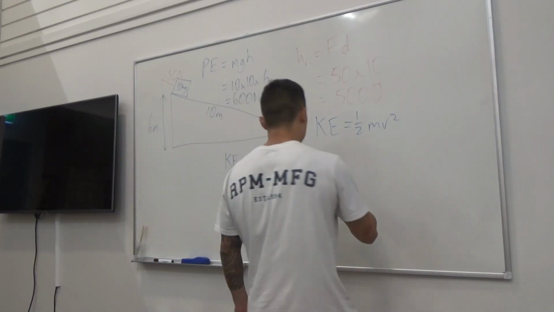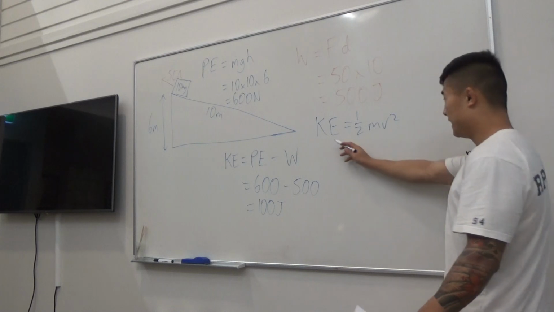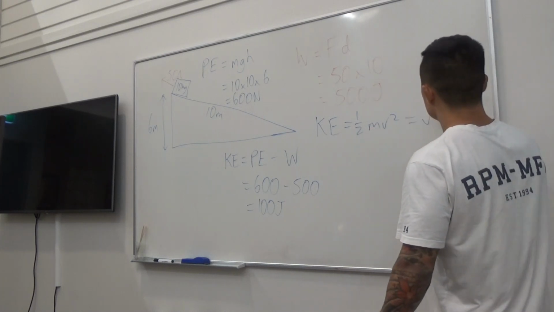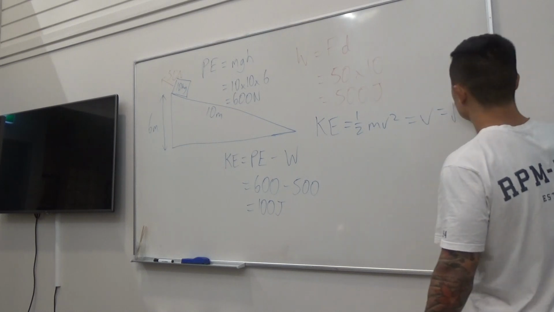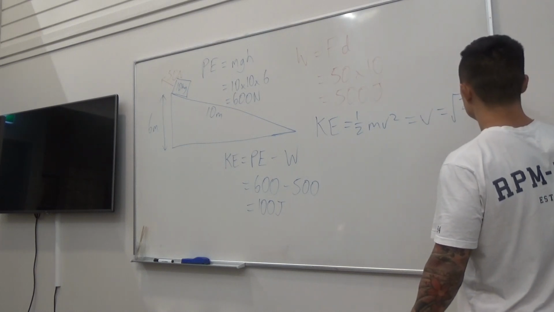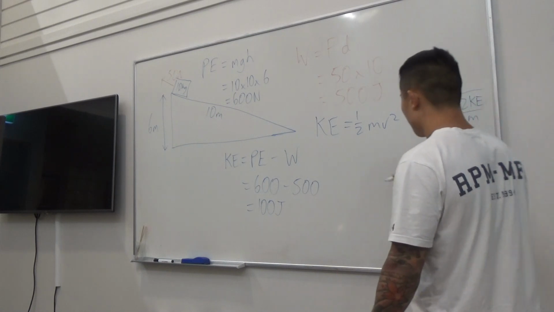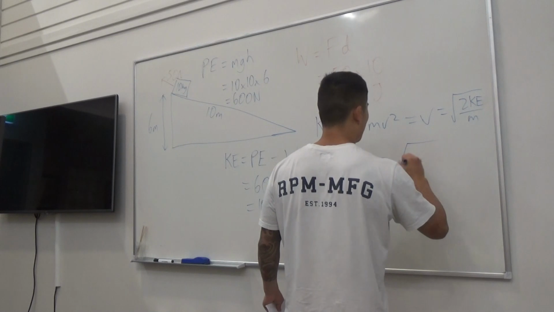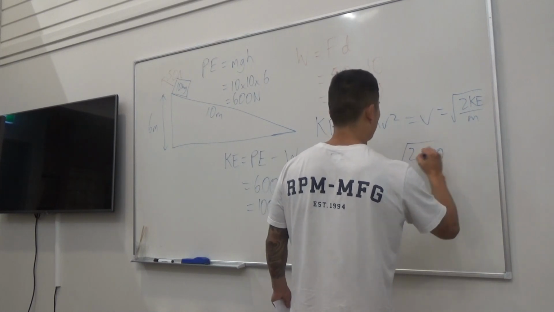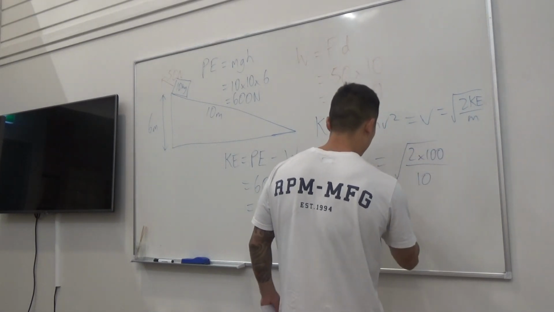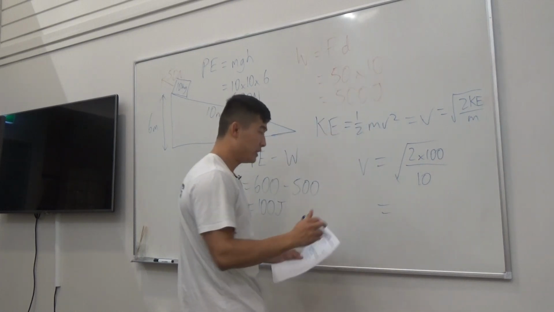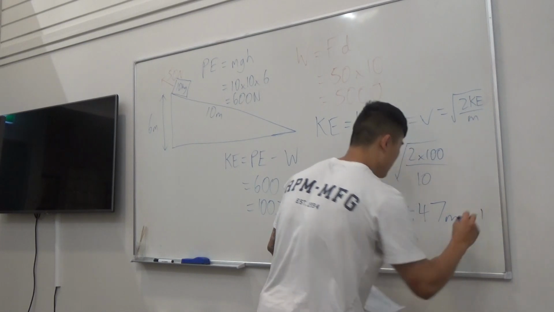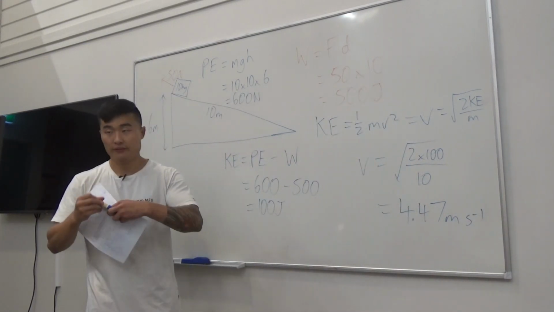Our kinetic energy is 100, so we're just going to rearrange this for v. v is equal to the square root of 2KE over m, so v is equal to the square root of 2 times 100 over 10, which is 4.47 meters per second, or it rounds to 4.5, which is option B.